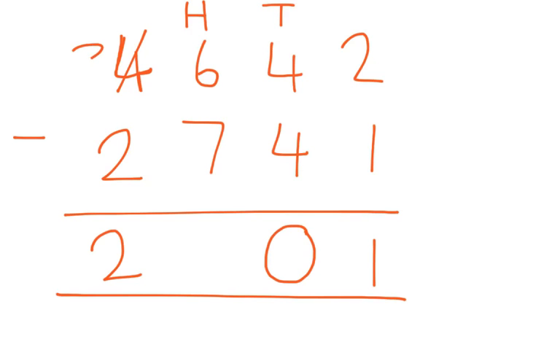So I'm going to borrow one of those thousands, put it in my hundreds column, and I'm going to then continue with that calculation. So I'm going to do 16 take away 7, okay, which would equal 9, and then 3 take away 2, which equals 1.